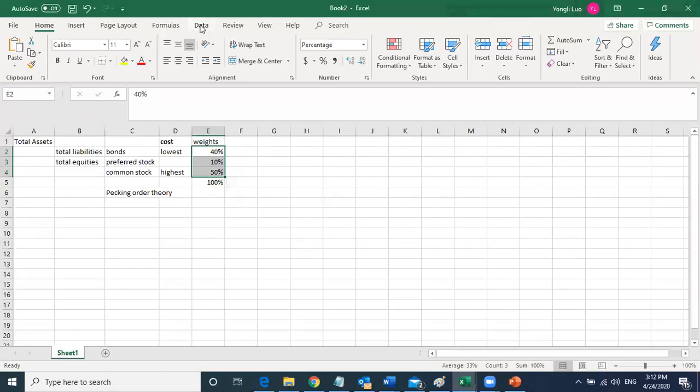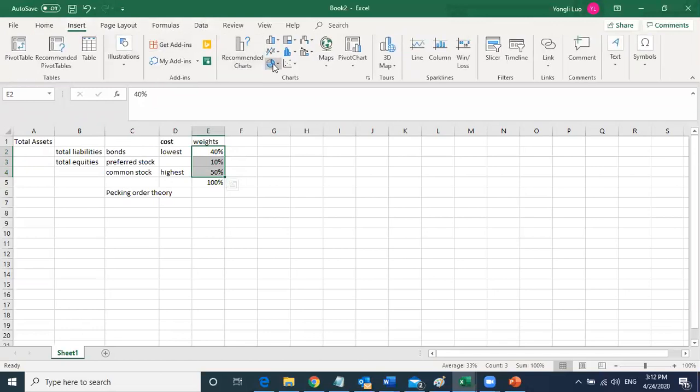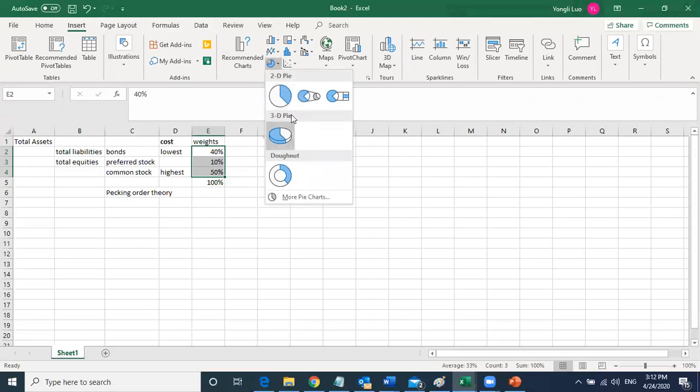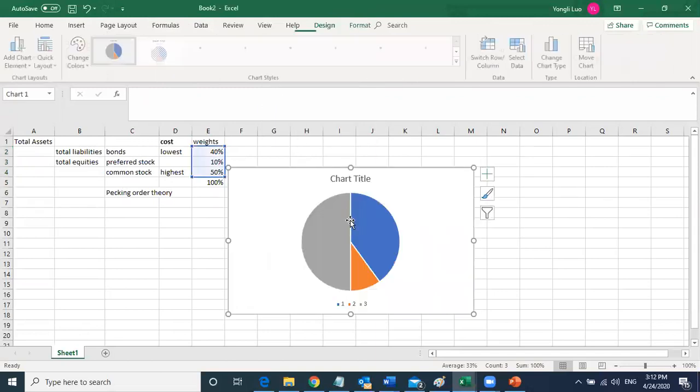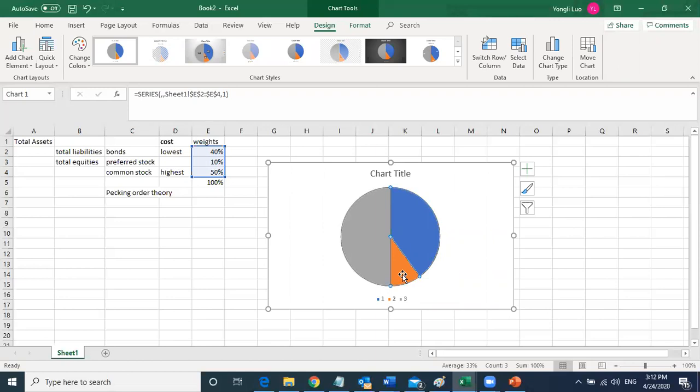Let's say you draw a graph, it will be like a pie graph, looking like this. This is your preferred stock, this is your bond, and this is your common stock. So the whole pie is the total assets.